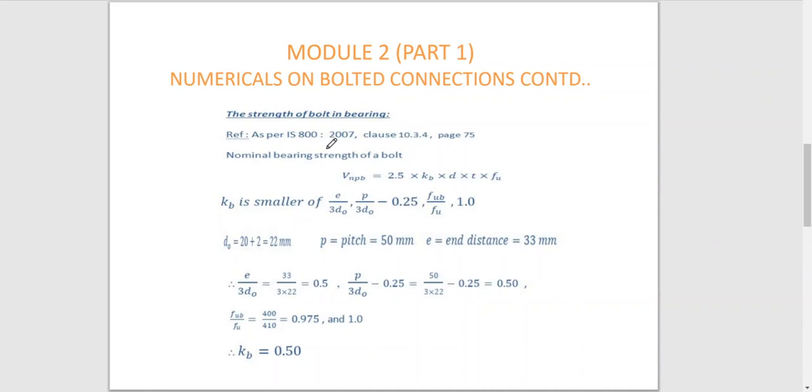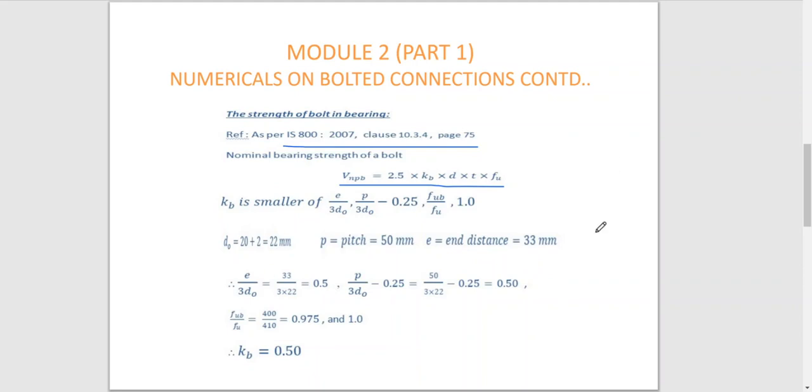Again, you go to page number 75. Here the formula is VNPB equal to 2.5 kb d t fu. Here kb is the smaller of these values. D naught, that is the diameter of the hole, is 22 mm, pitch is 50 mm and end distance is 33 mm.